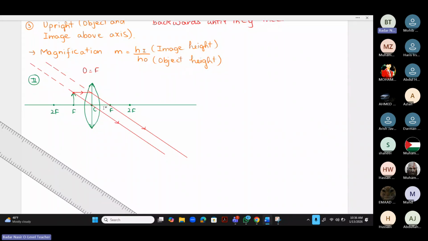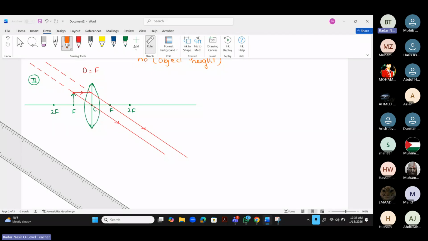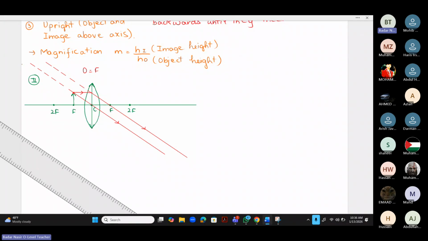Okay, but these parallel rays will keep going backward, and the image will form somewhere at infinity. So what will be the characteristics of this image? First of all, it is going to be a virtual image, because the image is not forming on the right side; it is still being formed on the left side.